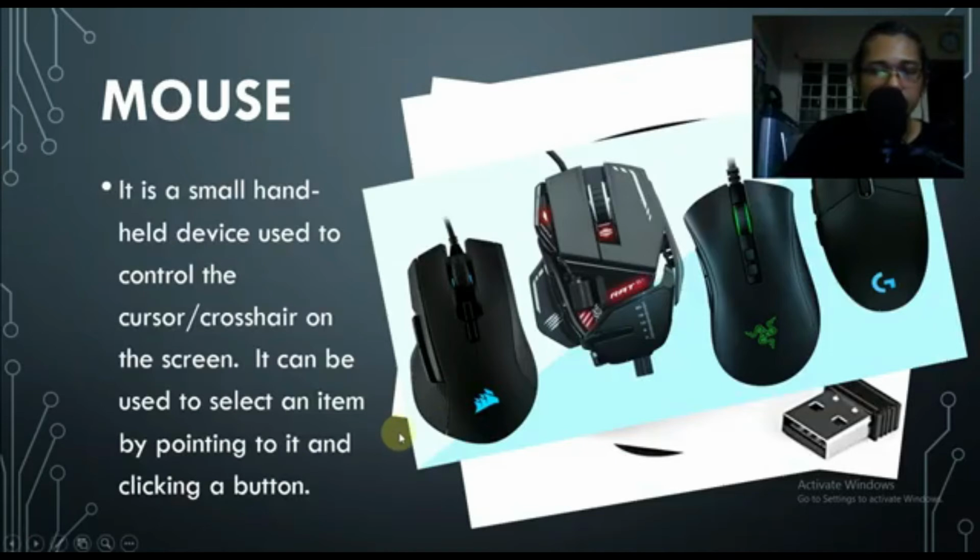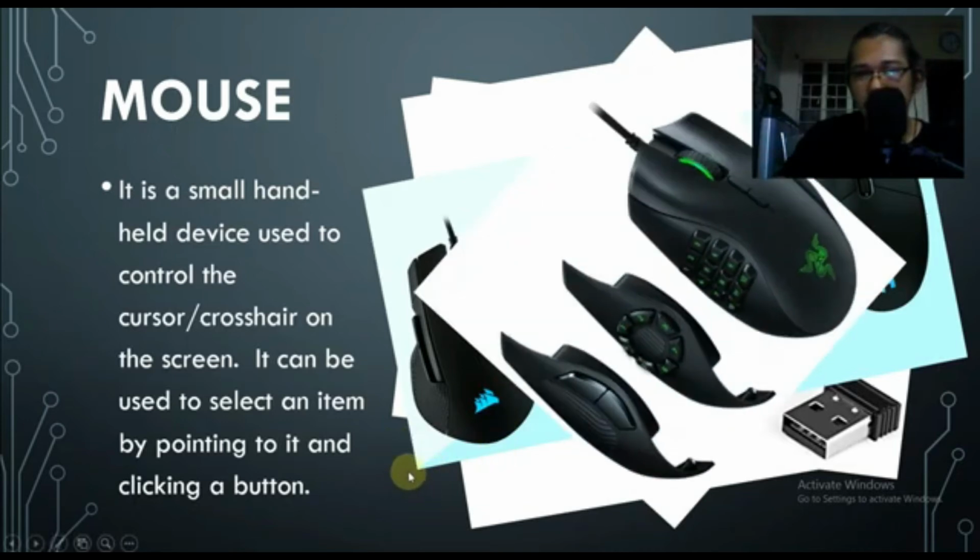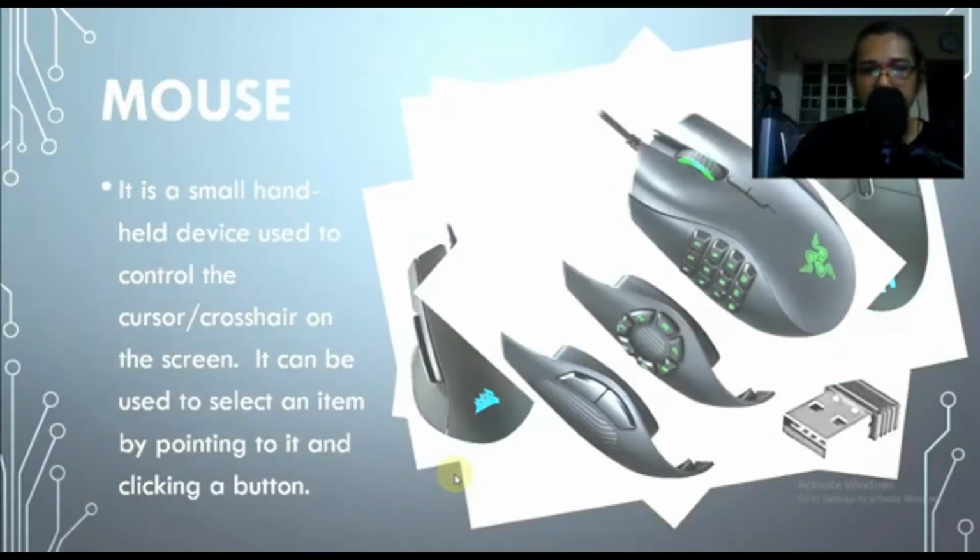Of course its accuracy is faster than the normal mouse, since it is used for games. Some mice have additional features like numerical buttons on the left side of the mouse.